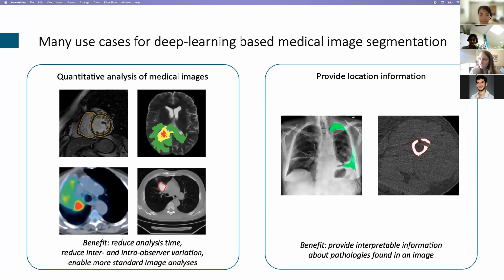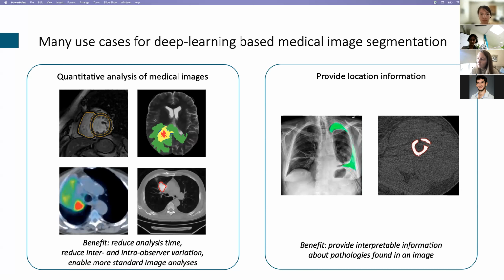Another bucket of use cases is to provide location information to complement classification networks. So a lot of people train medical image classification networks to say things like, a chest x-ray is positive or negative for a pneumothorax, or a medical image is positive or negative for a fracture.